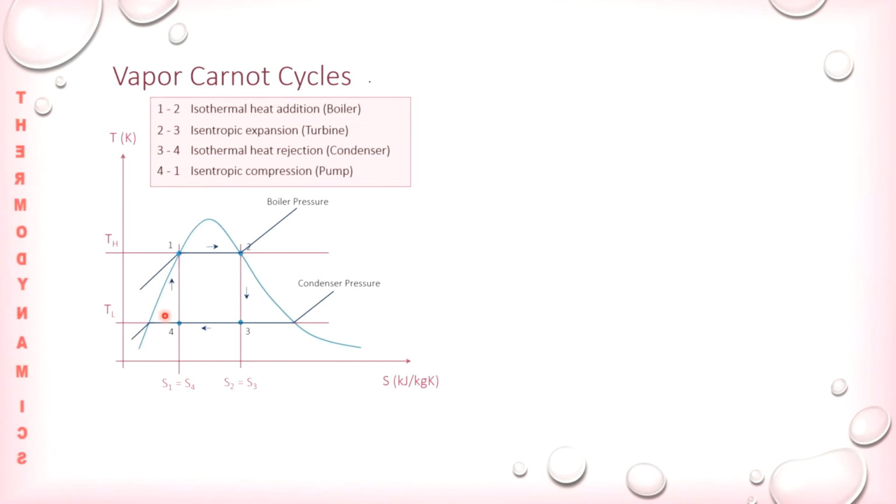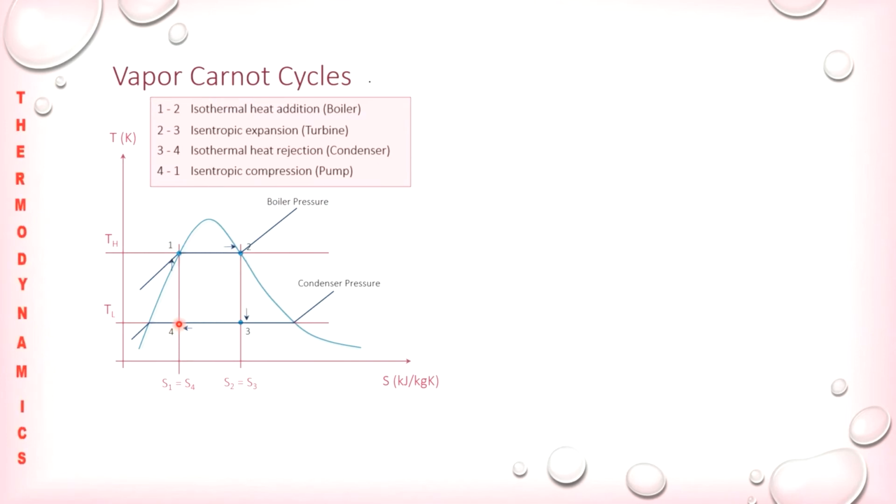Then 4 to 1, since we need to recycle the working substance, we have to convert all the vapor back into liquid. That is why point 1 sits on the saturated liquid line.